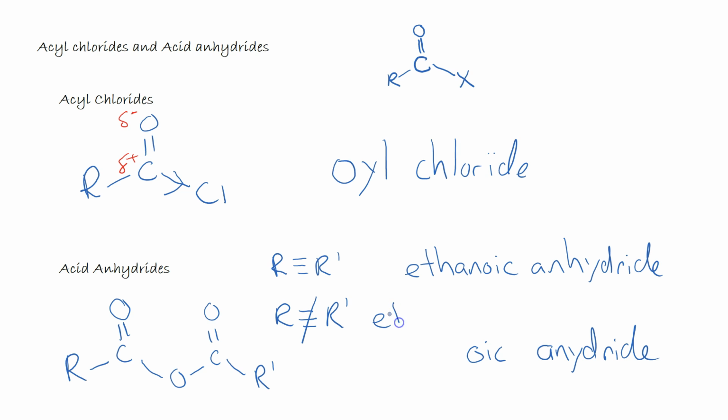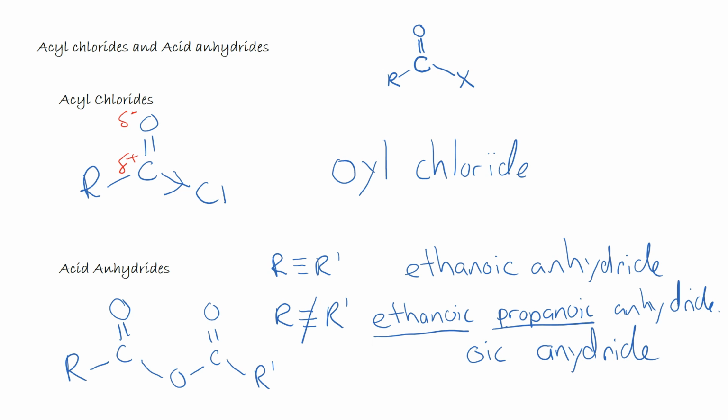So it would be ethanoic if it was 2 carbons in the chain, propanoic anhydride. Here we would have a 3 carbon chain carboxylic acid and a 2 carbon chain carboxylic acid on either side here. And that's how we name our unsymmetrical acid anhydrides.